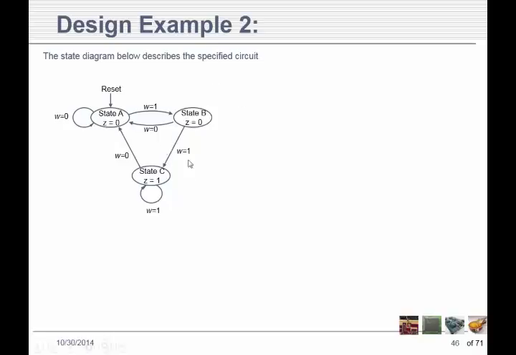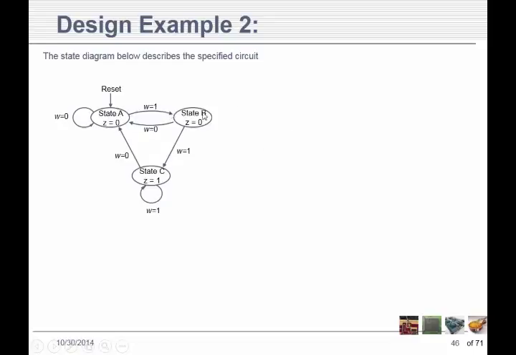If we come down and say here that as this input's changing the output is now going to be 0 also, then it's more of a Mealy machine, where it's affected by not only the state but also the current input. So this is a Moore type machine. Most of them you can do as a Mealy or a Moore.